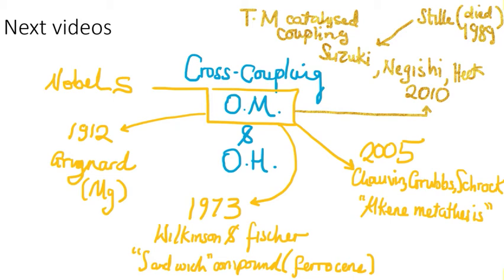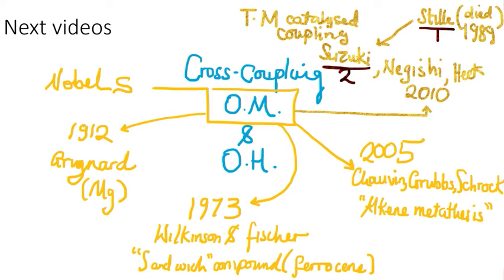So it was given to Suzuki instead of Stille. And Negishi, I can't pronounce his name, I apologize, and Heck, they all shared the Nobel Prize for their contribution to the transition metal catalyzed coupling. So in our next video we're going to focus first on Stille, and then followed by that we'll look at Suzuki.